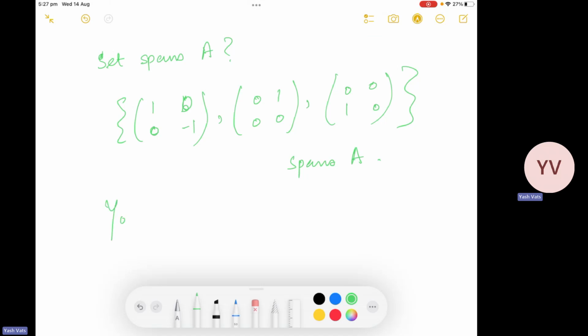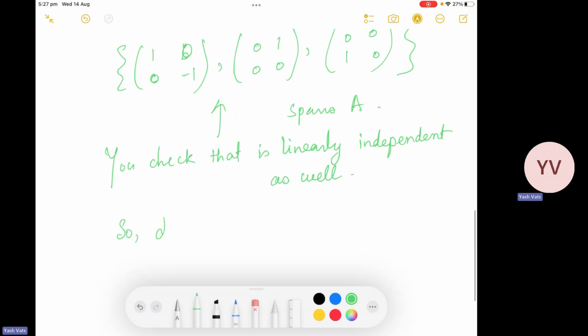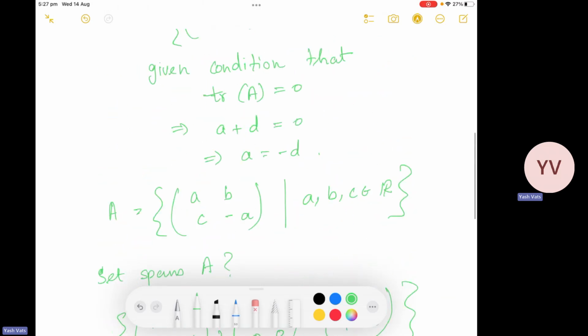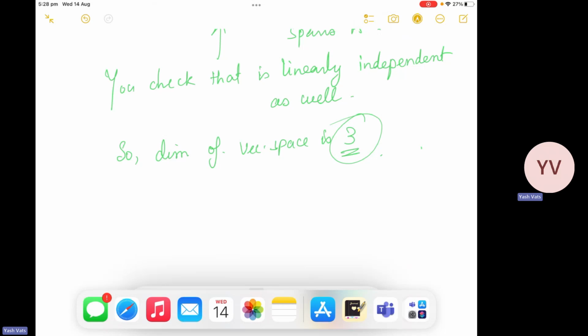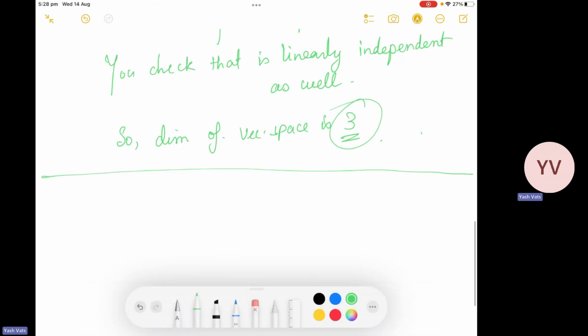And you can check that this set is linearly independent as well. So the dimension of the vector space is 3, right? So this is very clear, like how to find the dimension. You have to put the condition over the matrices and then you get this. So we do have the next question in our list.